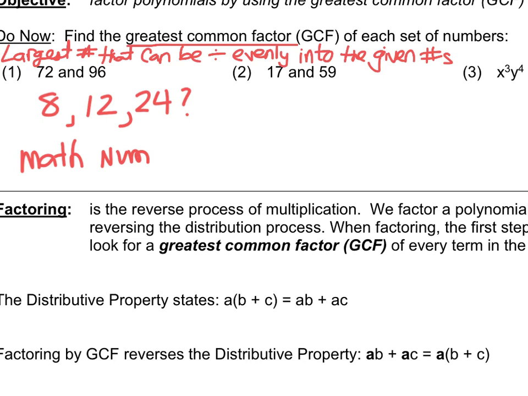Sometimes it does things exactly the way we want it to, and sometimes it does it slightly differently, enough to be annoying. So GCD is the one that we want. The D stands for divisor, greatest common divisor. You select GCD and type in your two numbers, 72, 96. So 24 is our winner.